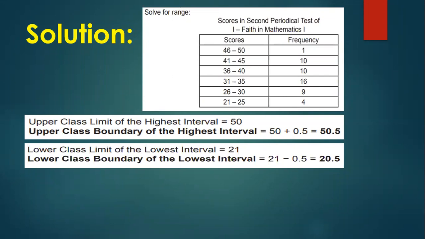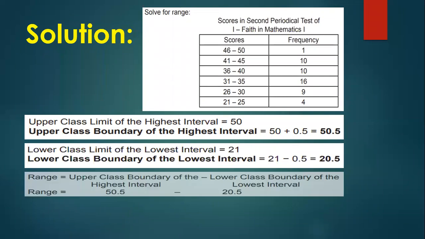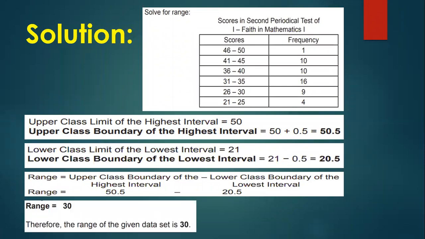Now, substitute in the given formula. Range is equal to the upper class boundary of the highest interval minus the lower class boundary of the lowest interval. So range is 50.5 minus 20.5, which is 30.